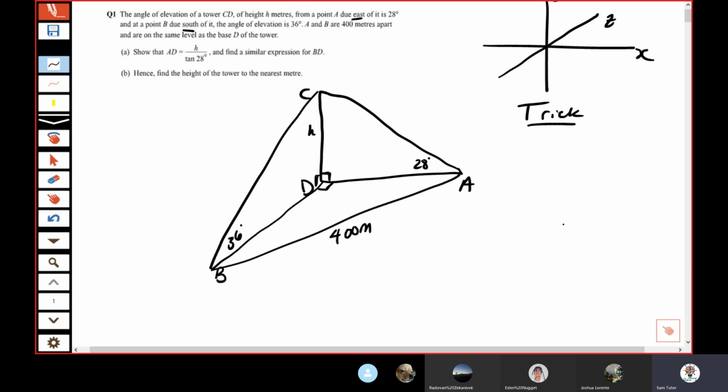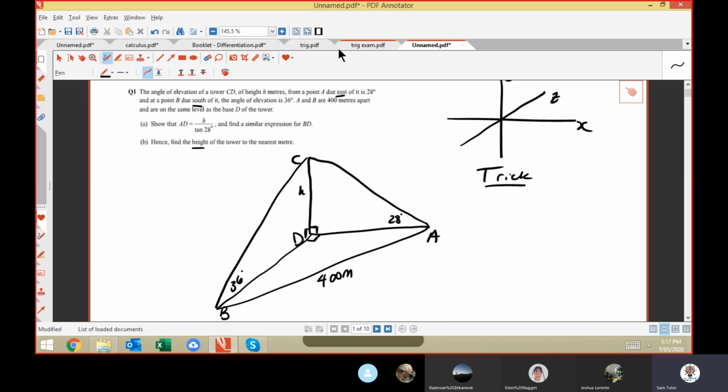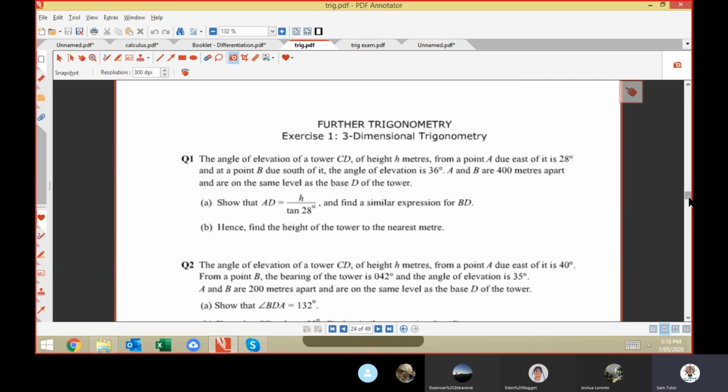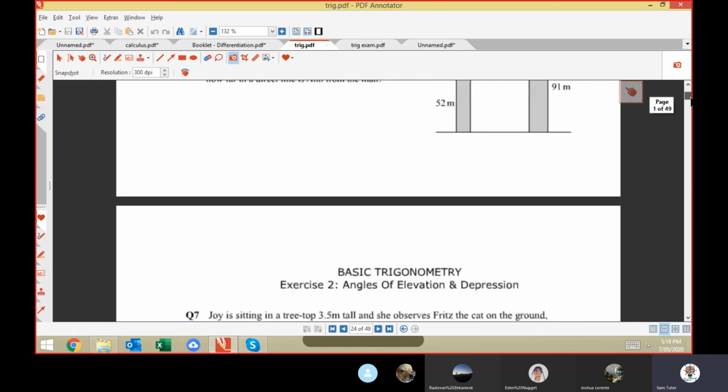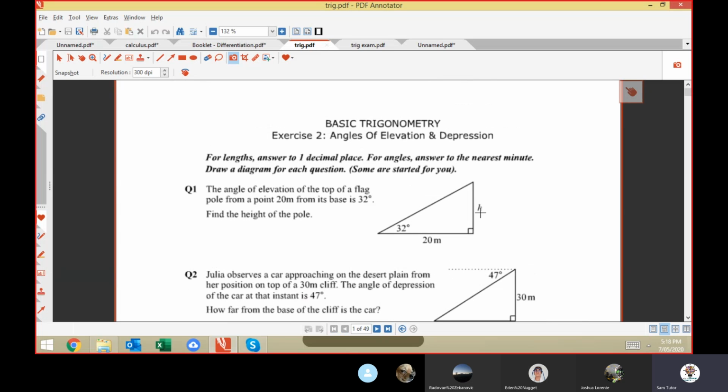Now, the trick to 3D trig is not to actually find h directly. The problem is you're going to get a question that's going to say, find the height of the tower. Let me just show you an example. If you look at this question, it says find the height of the pole.